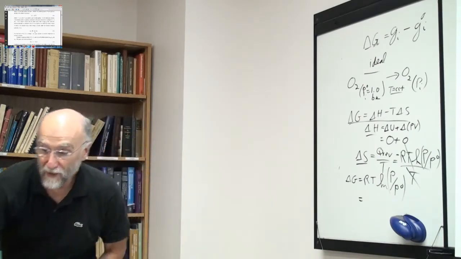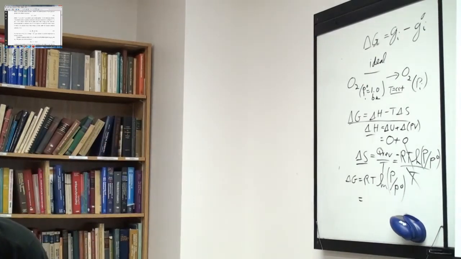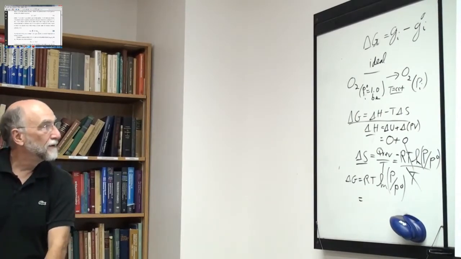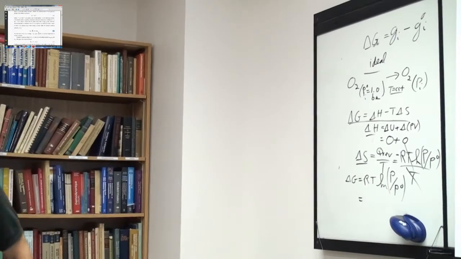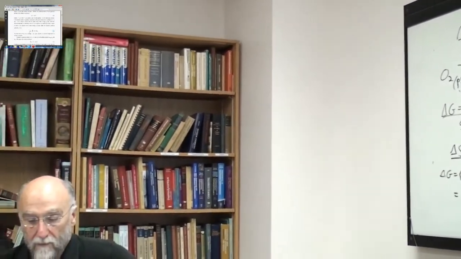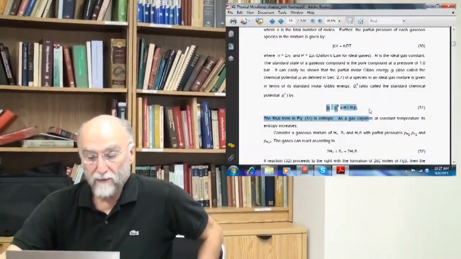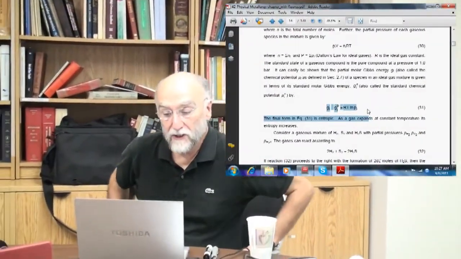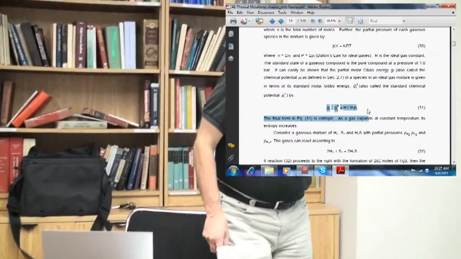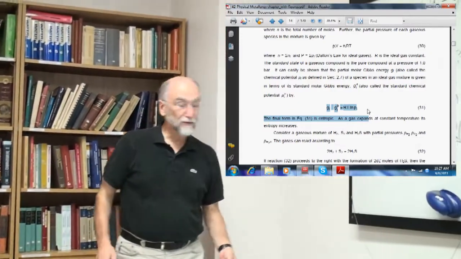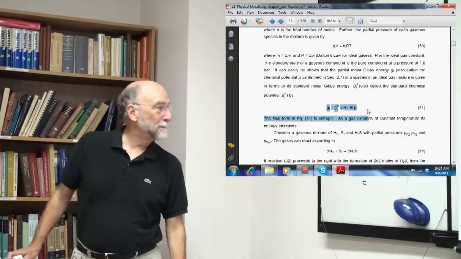Okay, so that ends up giving us this equation here: G minus G naught, so G equals G naught plus RT log P. Sometimes when I do this on the board I miss a sign somewhere. I think it's okay. If I miss a sign, you're to ignore it.